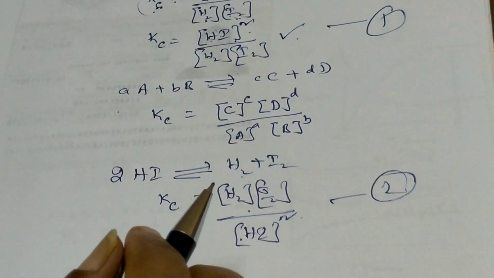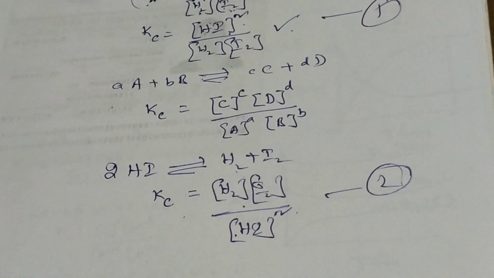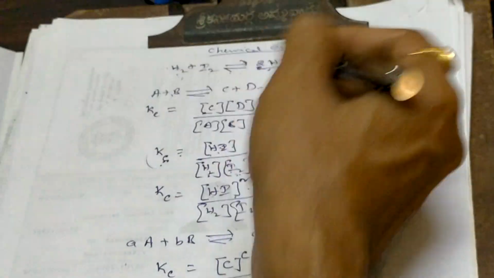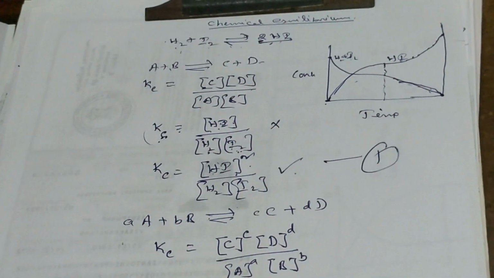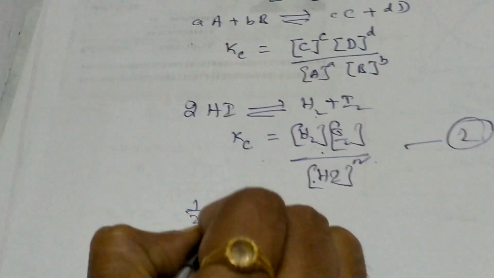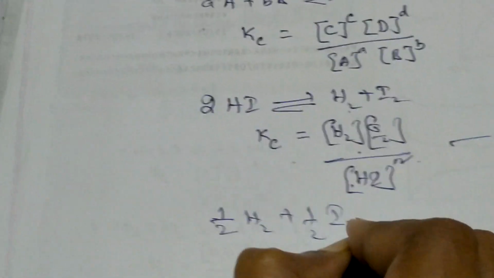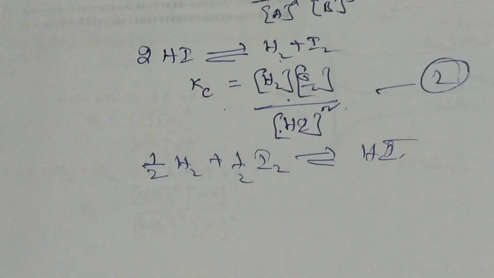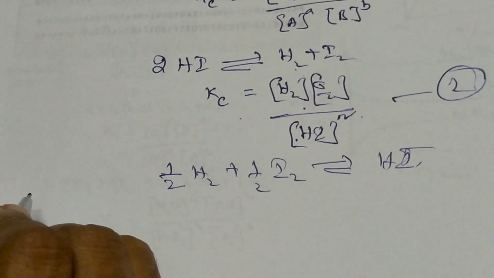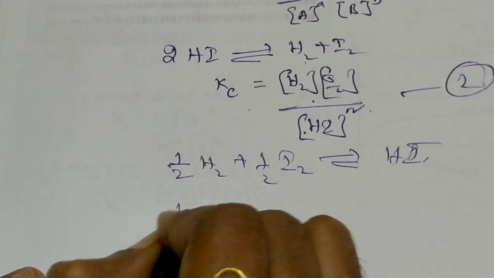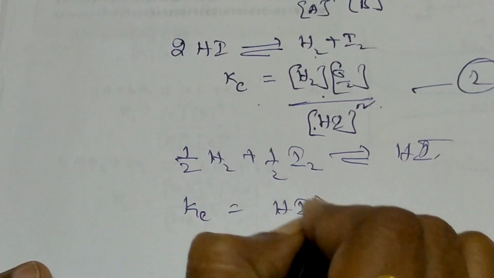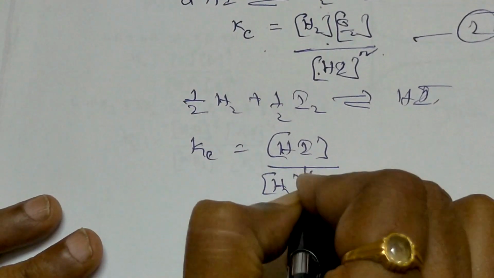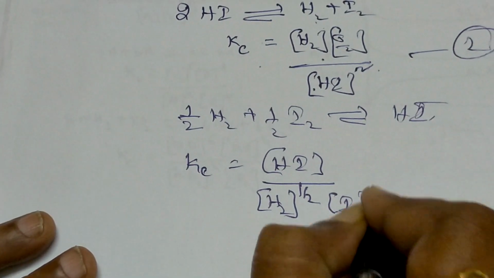Or now if I am writing the halves, that means if I am dividing by half, what will happen? All interesting questions. Suppose I write half H2 plus half I2 gives HI. In this case, Kc equal to HI by H2 to the power of half, that means root, I2 to the power of half, that is also root.